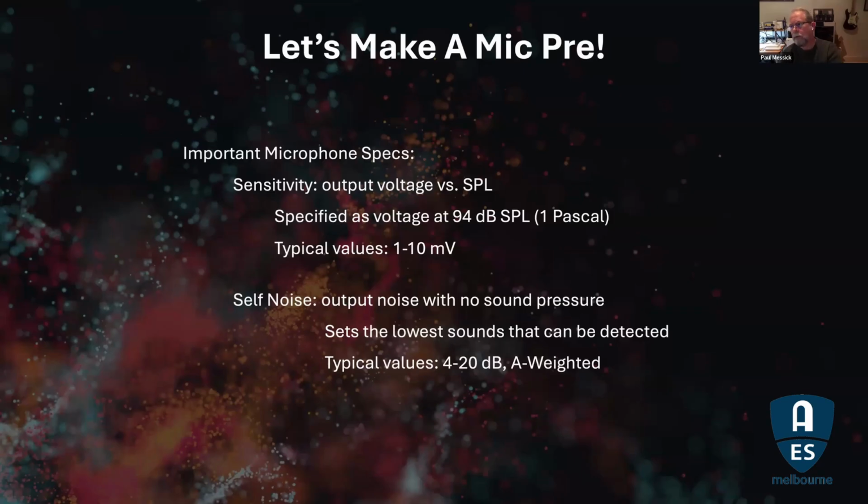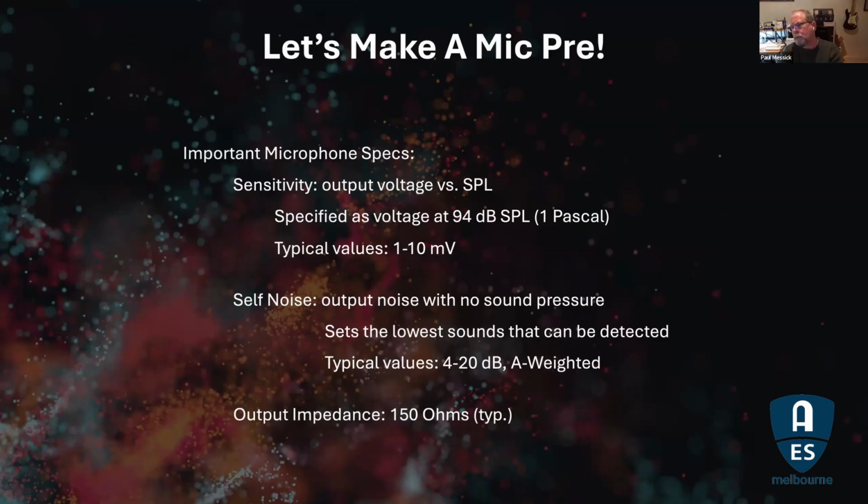So that's pretty good. And these are typically measured A-weighted because that gives you nicer numbers, but it also matches what the ear does a little bit better. Nice numbers are good though.